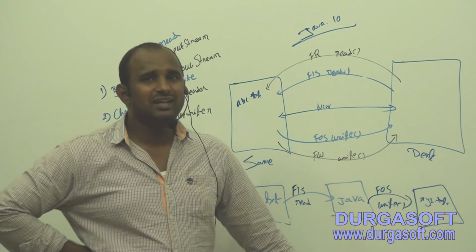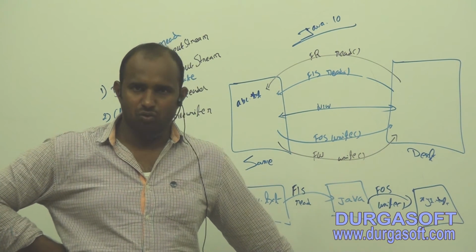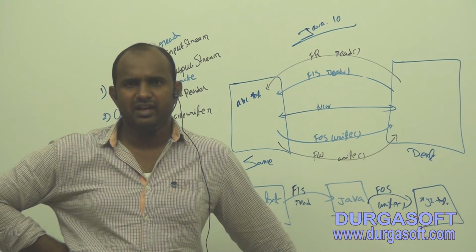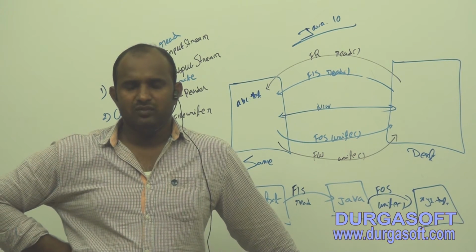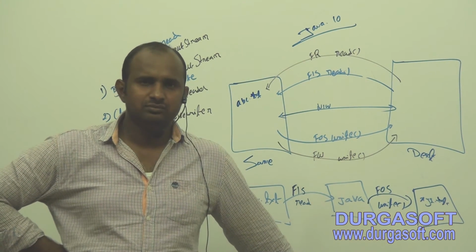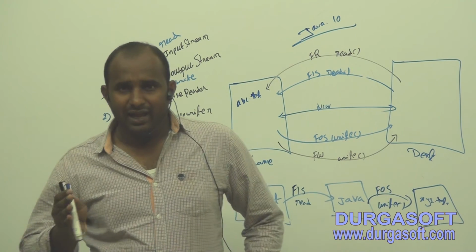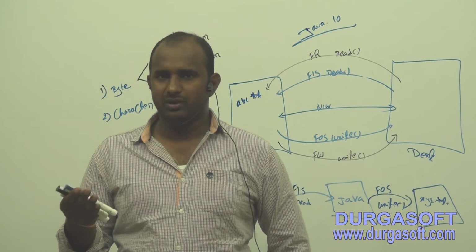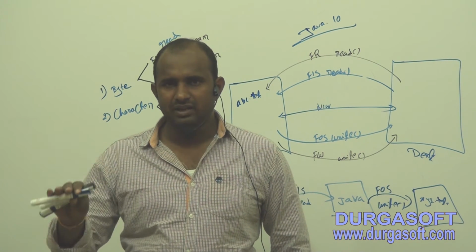Here we are reading the data character by character only. When we read the data character by character, what is the problem? If the application contains 1 lakh characters, it requires 1 lakh read operations and 1 lakh write operations, and the performance will be degraded.